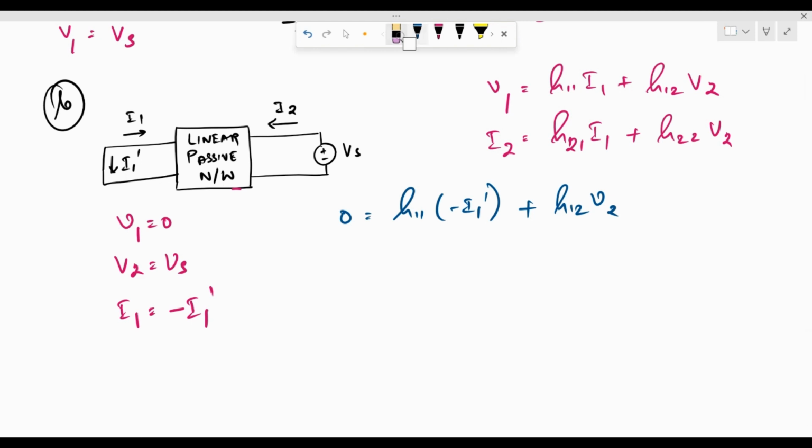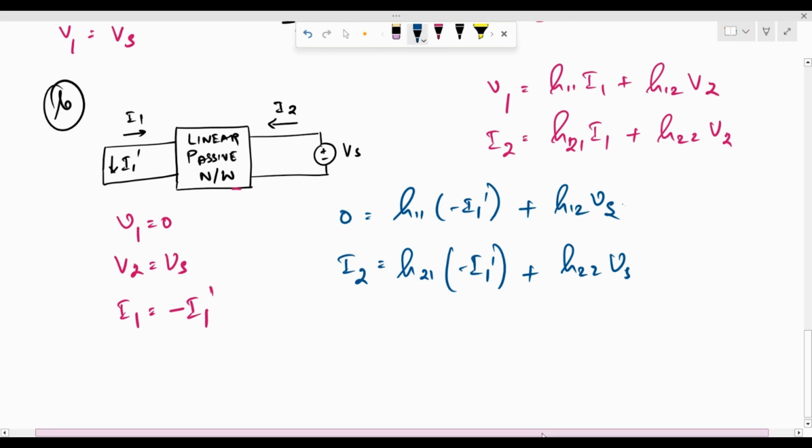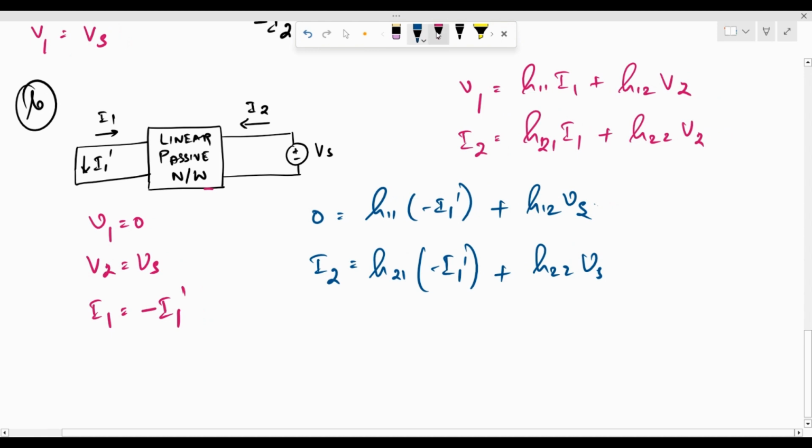V2 here is nothing but Vs, so I'll replace it with Vs. And I2 is equal to H21 into minus I1 dash plus H22 into Vs. Now, if I simplify this particular equation, what I would get here is H12 into Vs is equal to, taking this to the other side of the equation, H11 into I1 dash.